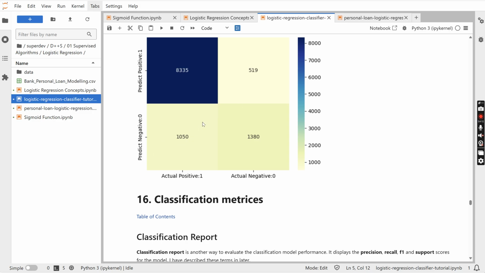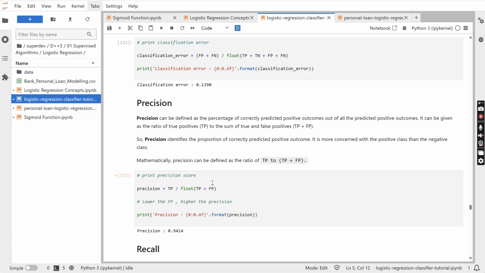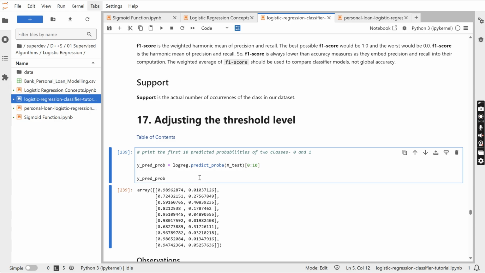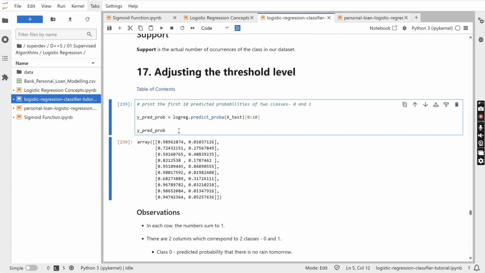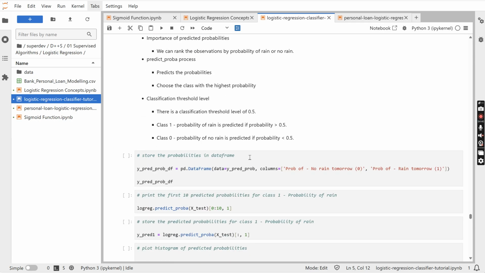If you increase one, the other decreases, and vice versa. So how do you decide which one to keep and which one to decrease? You can do that by adjusting the threshold level. By default the threshold level is 50%, but you can change that threshold.